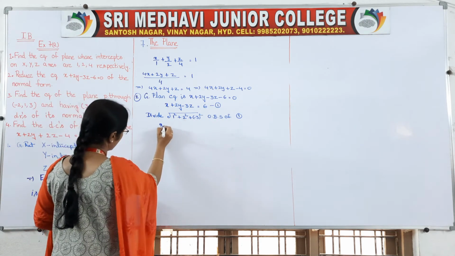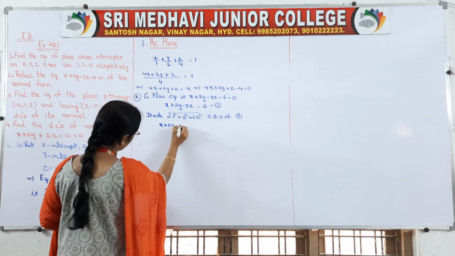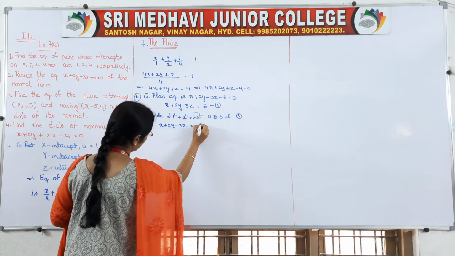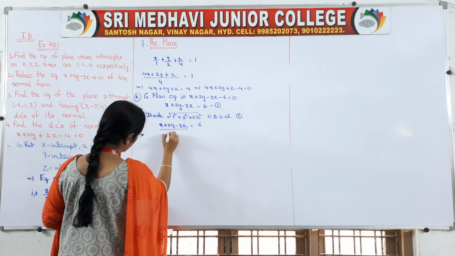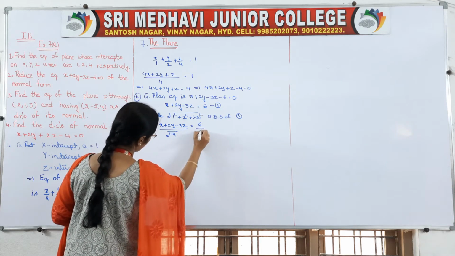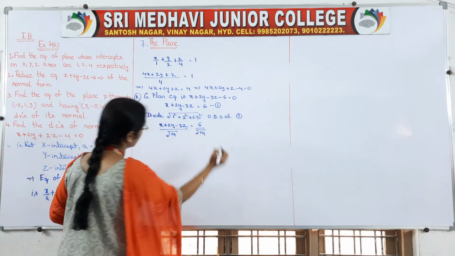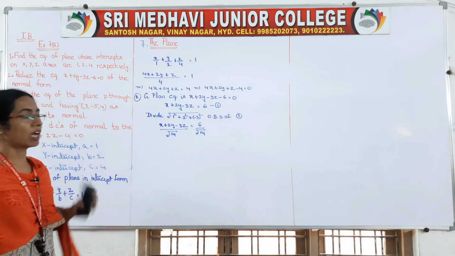So x plus 2y minus 3z is equal to 6 by root 14, dividing both sides by root 14.